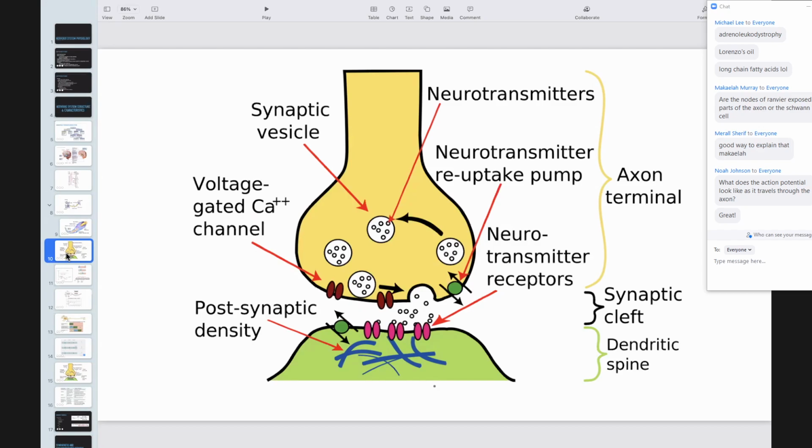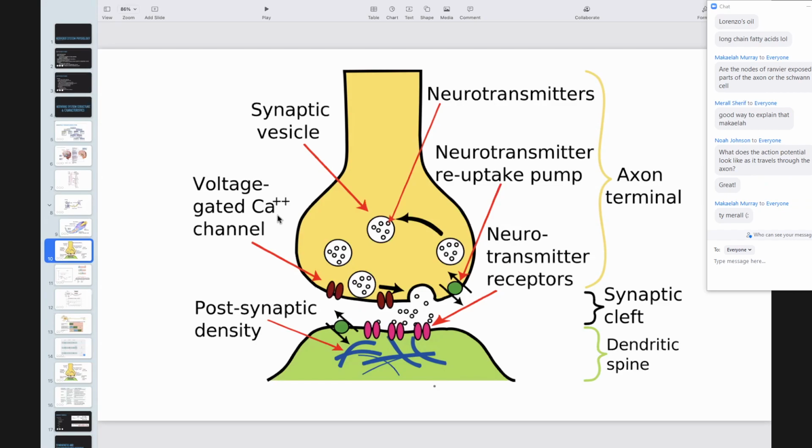We have the synapse, and we'll circle back around to the synapse in a few slides. But as this electrical impulse gets down, it opens up different types of channels at the end, and we release a chemical into the synapse. And this chemical, called a neurotransmitter, will cause an excitatory or inhibitory signal to the next neuron.